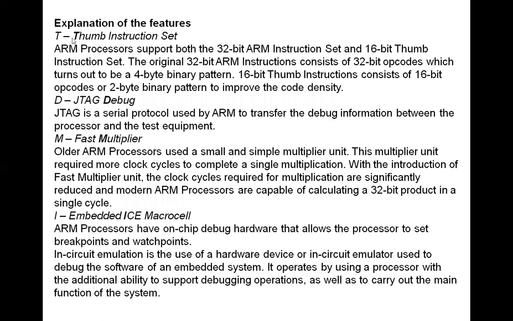See, T is indicating the Thumb instruction set. The ARM processor supports both the 32-bit ARM instruction set and the 16-bit Thumb instruction set. The original 32-bit ARM instructions consist of a 32-bit opcode, which is a 4-byte binary pattern, and 16-bit Thumb instructions consist of 16-bit codes or a 2-byte binary pattern, to improve the code density.